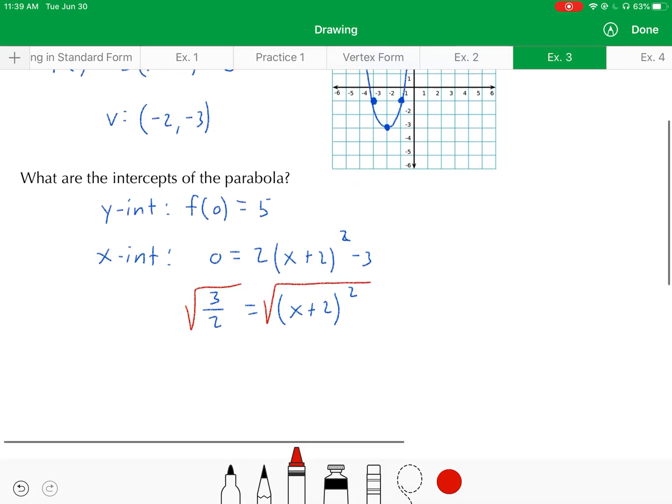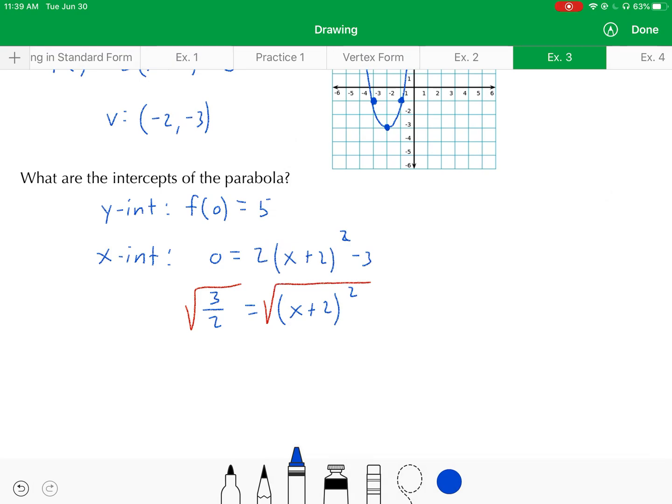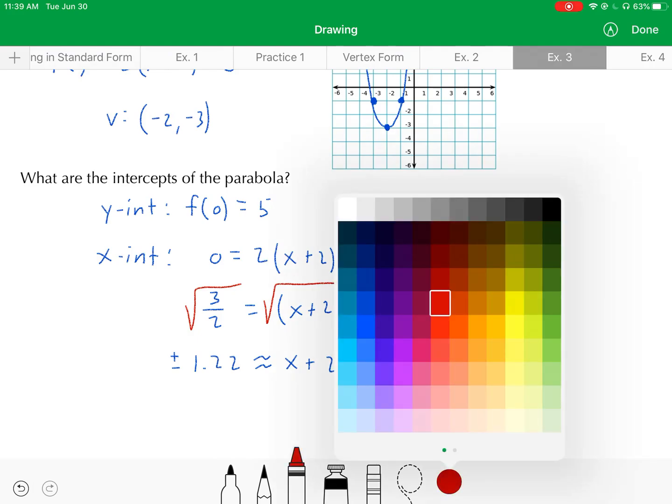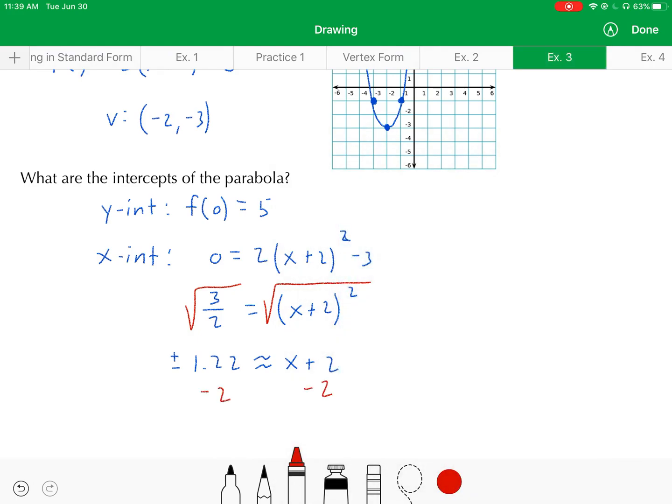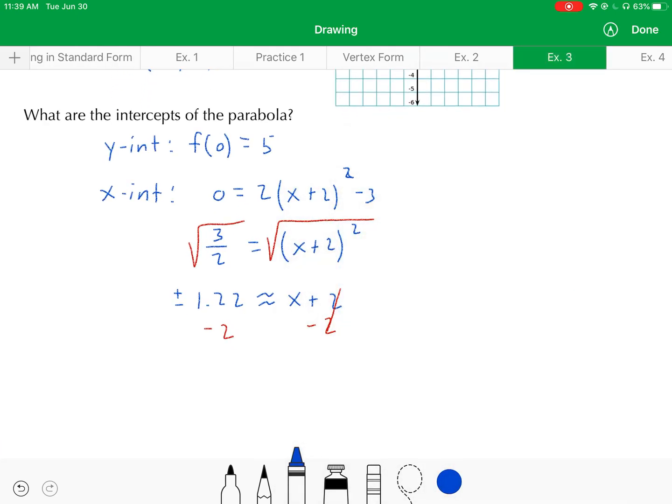Now the square root of 3 halves is not an integer. I would have to approximate that. It's approximately 1.22. Put a plus or minus in there. So that's approximately equal to x plus 2. Then I'll subtract 2 from both sides. And that would give me x to be approximately negative 0.78 and negative 3.22.